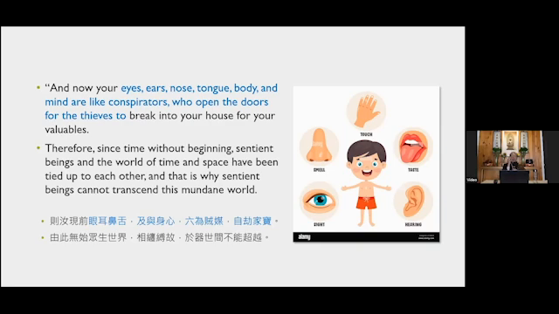Because our 6 faculties are the medium that lets outside things and phenomena enter into your mind, steal your pure mind, and defile it.